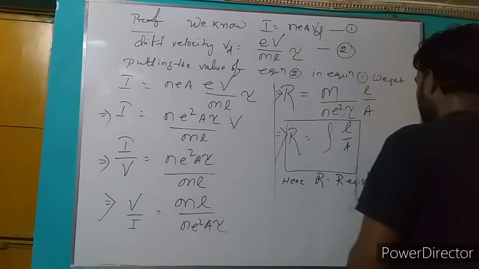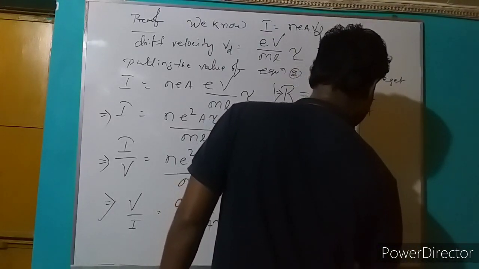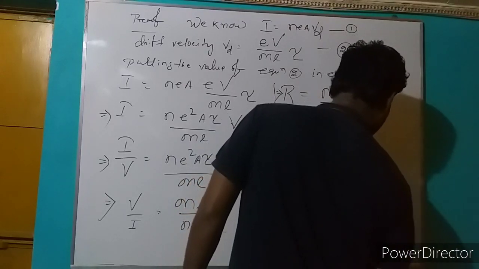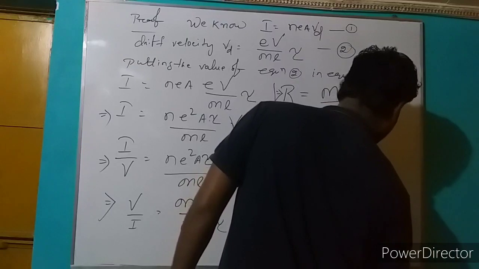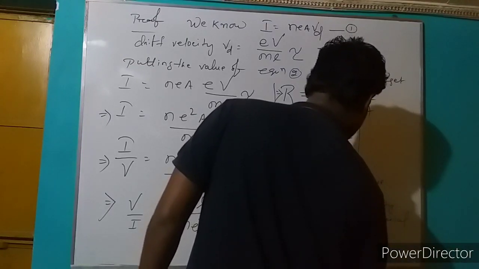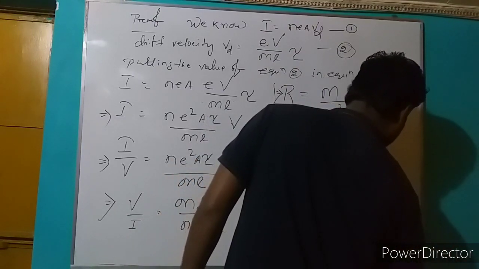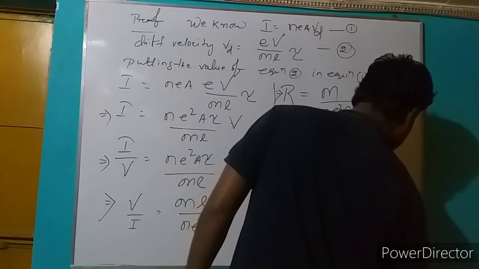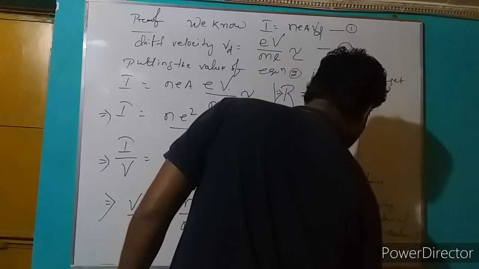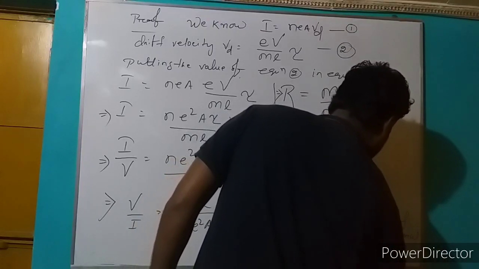Okay, R equals resistance, rho equals resistivity of the material, L is the length of the material, and A is the area of cross section.